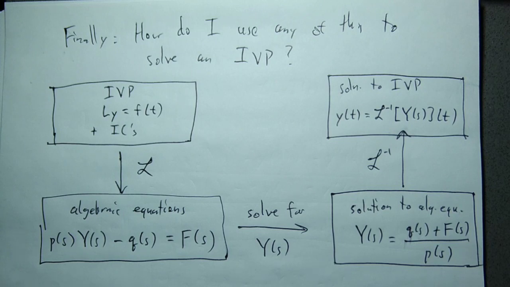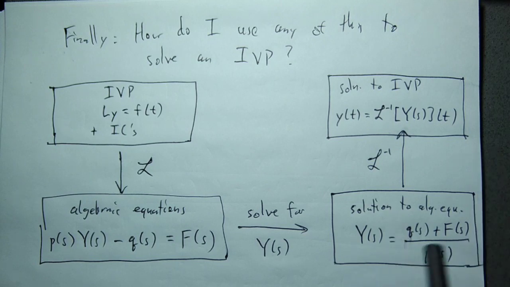Okay, so getting back to this, finding big F is typically the worst part of all of this. Once you've done that, though, you have an algebraic equation. Solving for big Y of S is not even really a thing. Going from here to here, you could have done that before you'd ever set foot in a differential equations class.